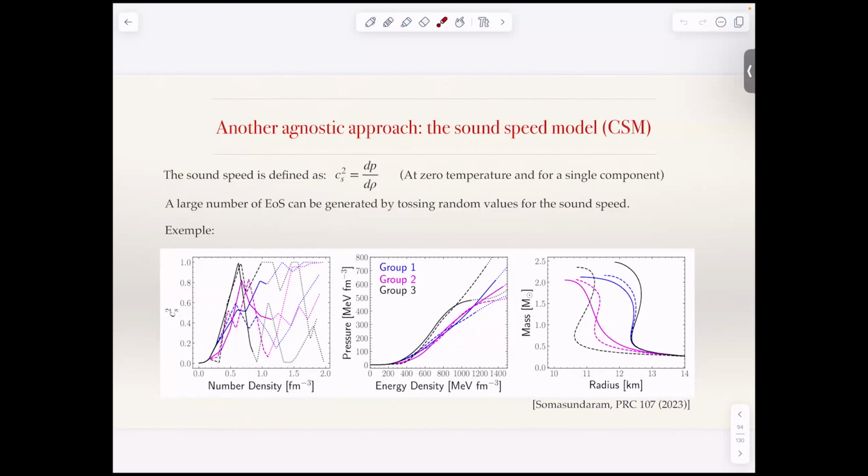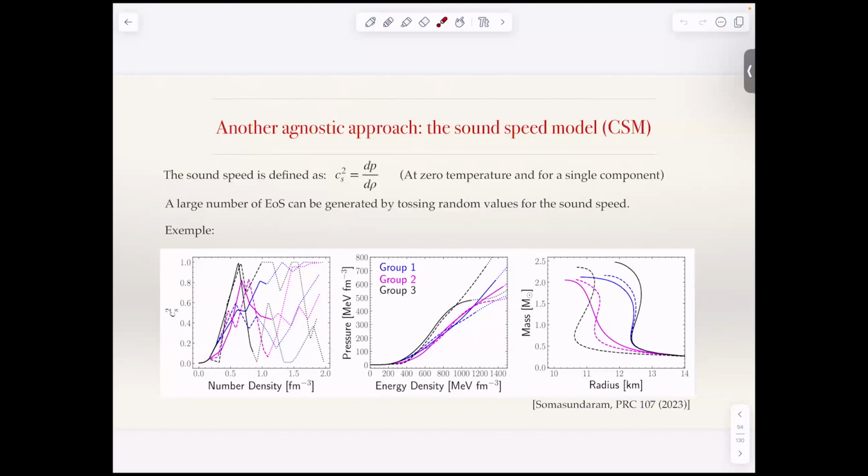You take a random number between 0 and 1, in order to ensure the stability condition. Or you can follow the pink one, which is also going down and oscillating a lot. So you may say, well, I don't know anything about the sound speed, so I will toss some random evolution of the sound speed.